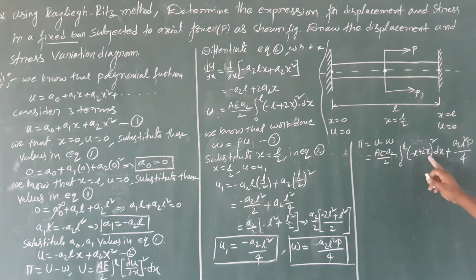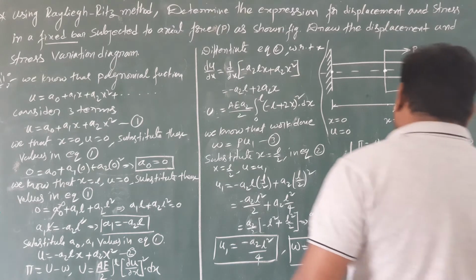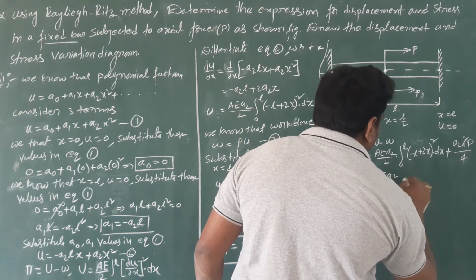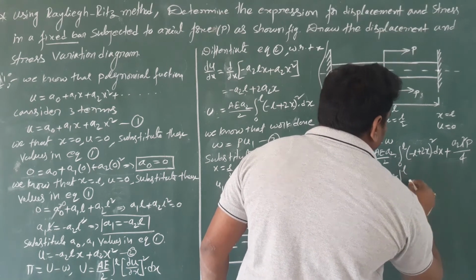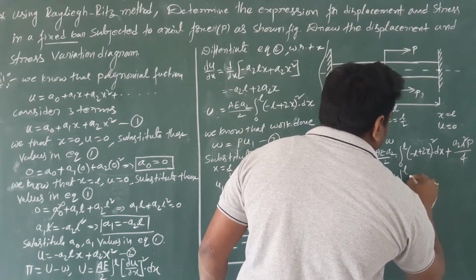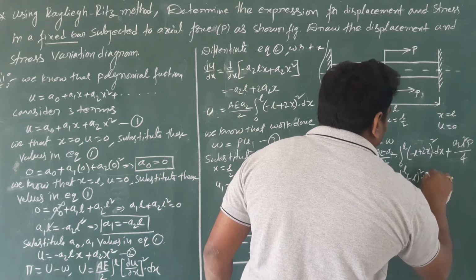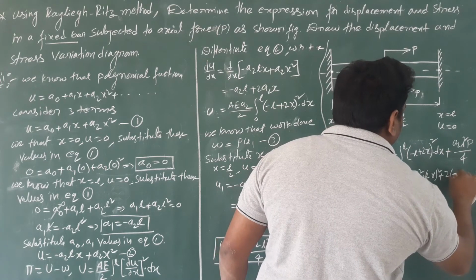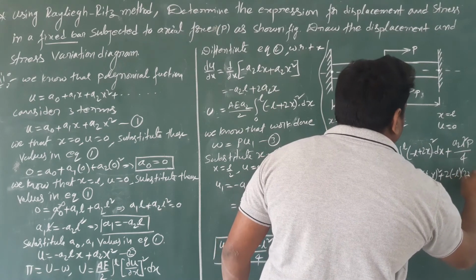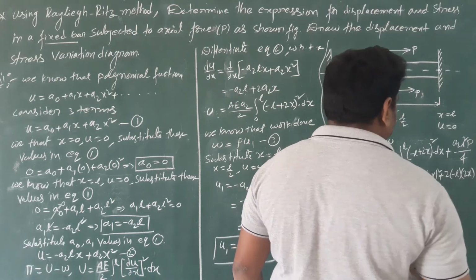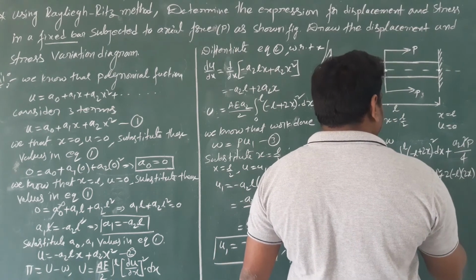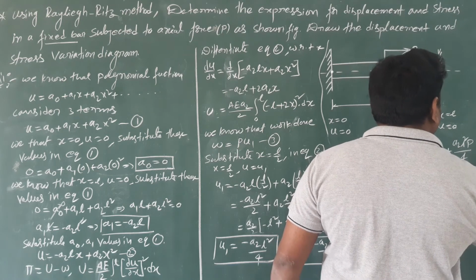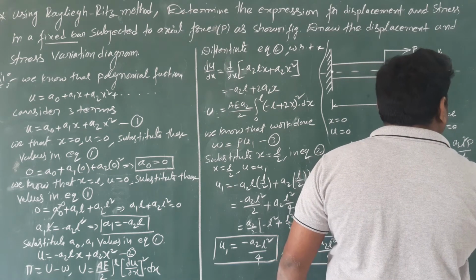That is just like the A plus B whole square equation, so split it: AE A2 by 2, 0 to L, minus L square plus 2x whole square plus 2 minus L into 2x, into dx, plus A2 L square P by 4.